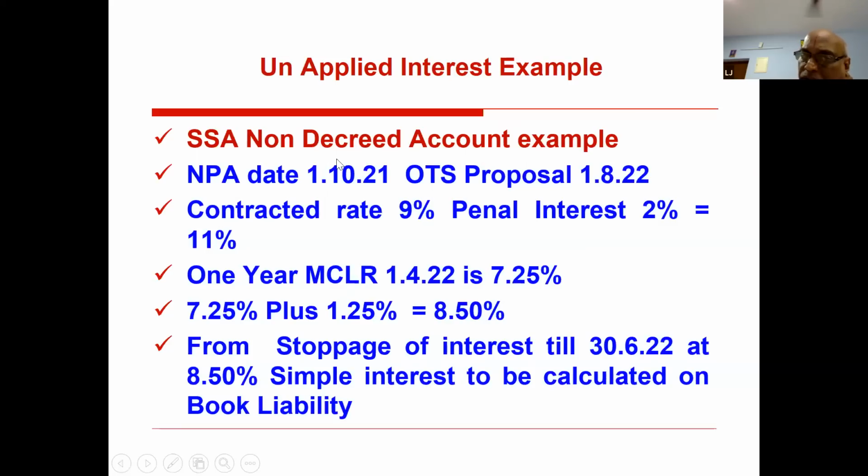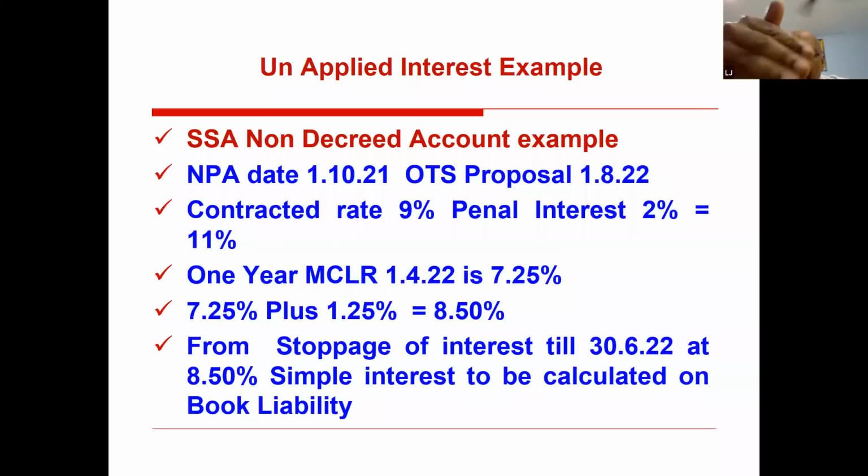So from the stoppage of interest, let's assume 1/10/2021, till 30/6/2022, at 8.50, not at 11%, you will apply simple interest on the book liability. That is called unapplied interest for the substandard non-decreed account.